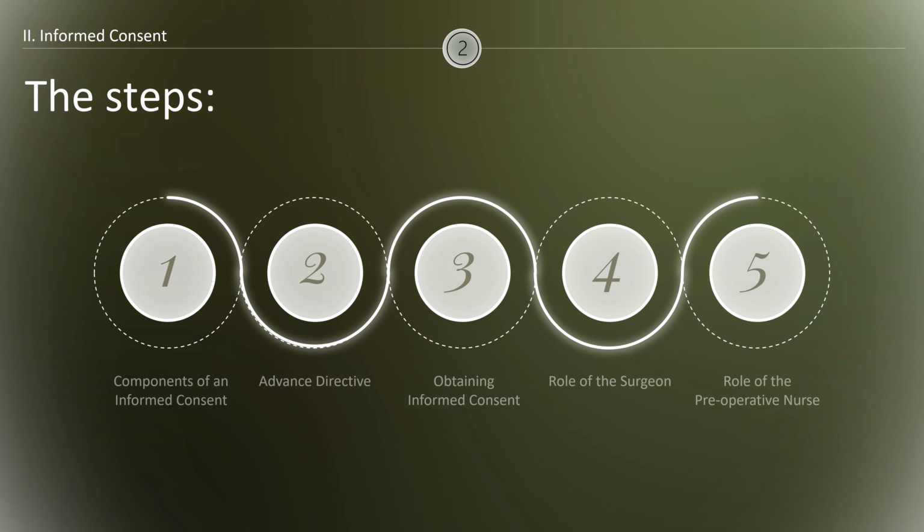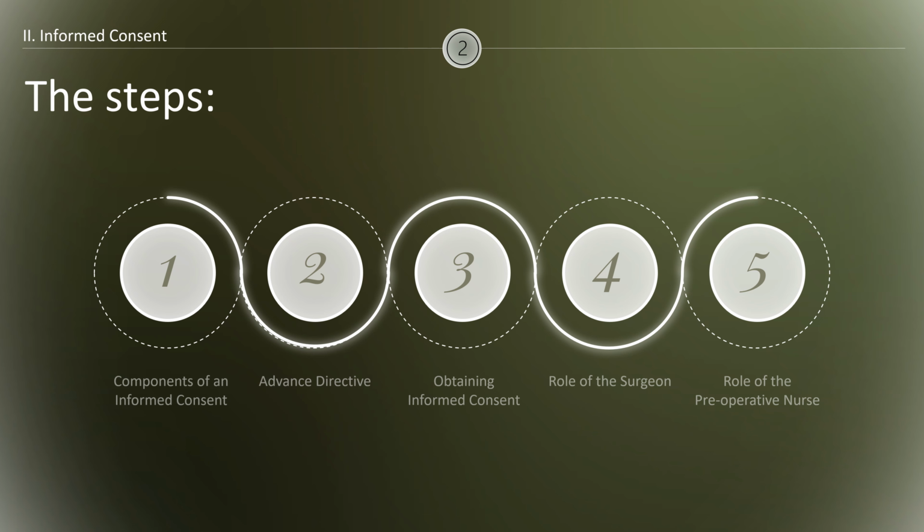The preoperative nurse clarifies information that addresses misconceptions, and witnesses the signature, only the act of signing, not the content. Ensure the consent form is placed in the chart, attached to it. Also document completion of the consent process, all the documents.